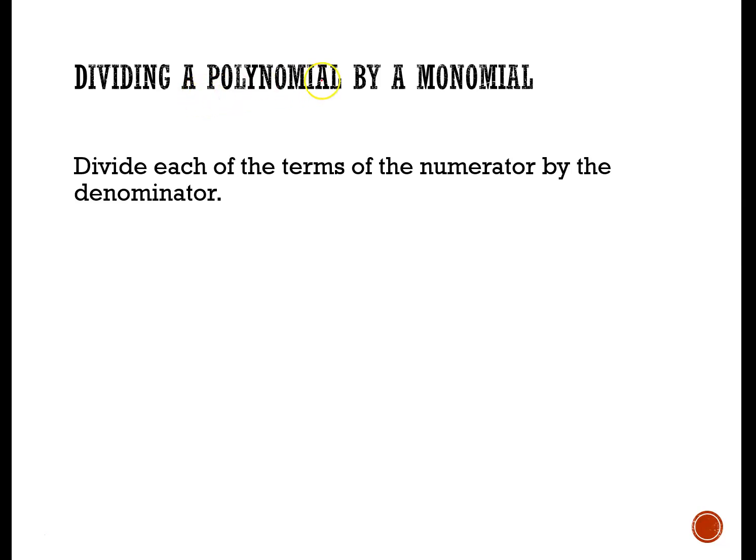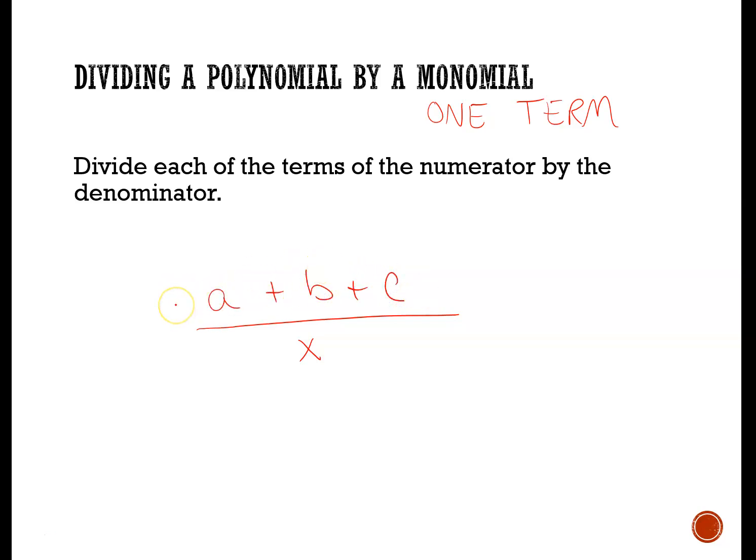So this could have any number of terms, but this, remember, only has one term. So when you have just one term as your divisor, so let's say it's an x, and you have a plus b plus c. Could be any number of terms on top.